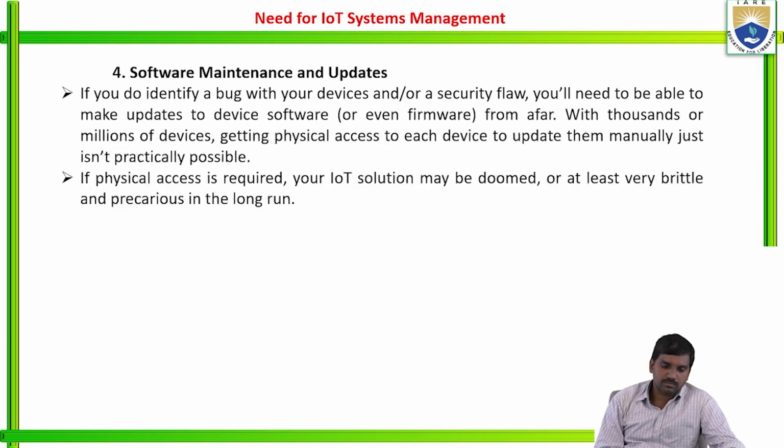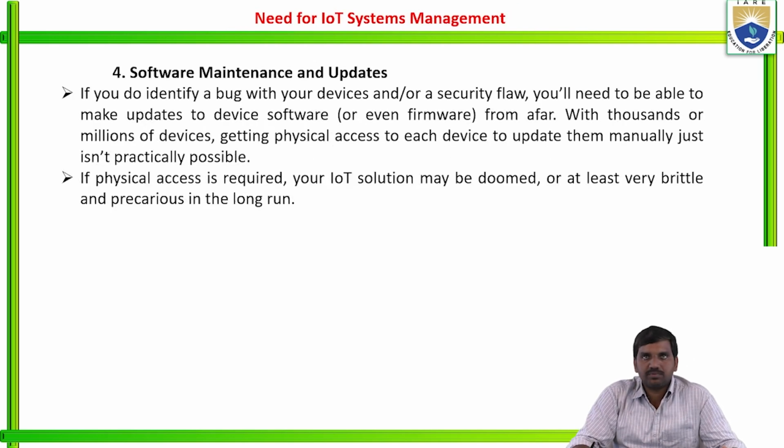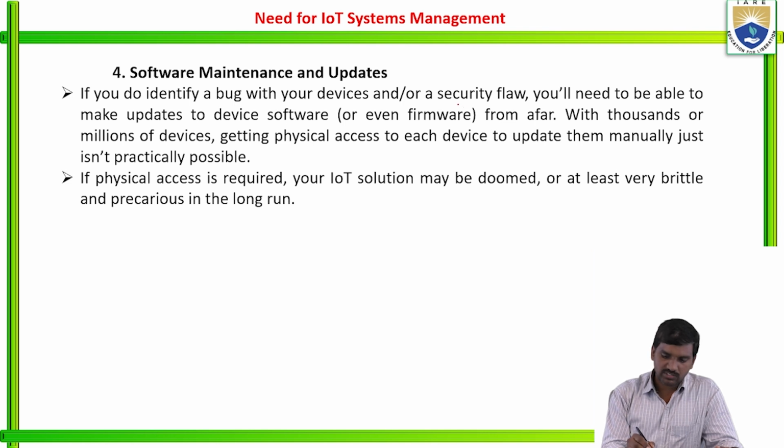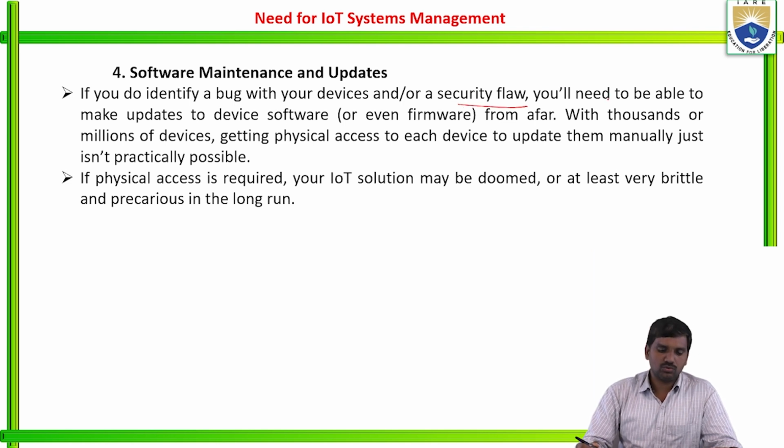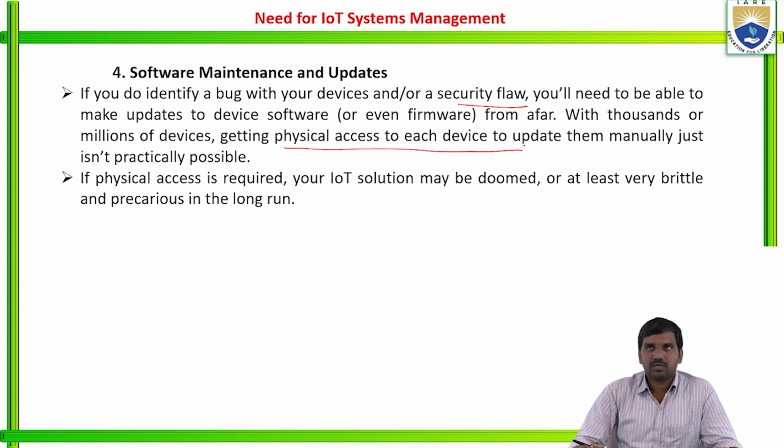The last one, software maintenance and updates. If you identify a bug or a security flaw with your device, you will need to be able to make updates to device software. With thousands or millions of devices, getting physical access to each device to update them manually is not practically possible.